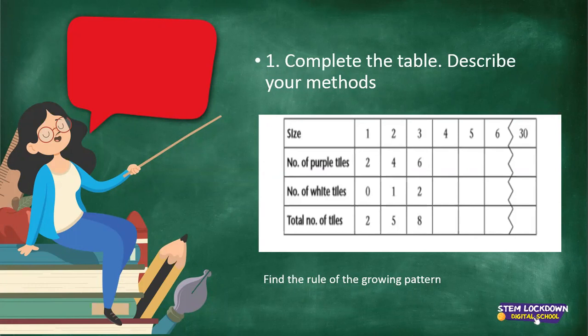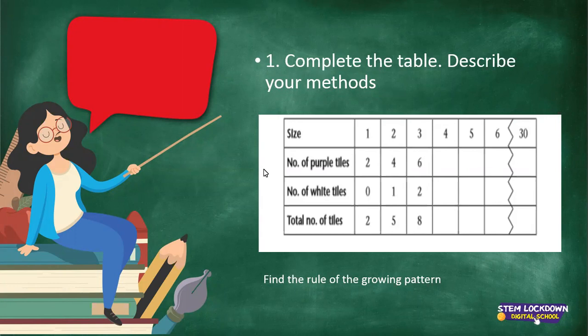On size 2, we have 5. So 2 plus 3, that's 5. And then 5 plus 3, that's 8. And 8 plus 3, it's 11. And then 11 plus 3, it's 14. You see how it goes. You just add 3 and then you get the next one. That's another pattern that I've recognized with this size.